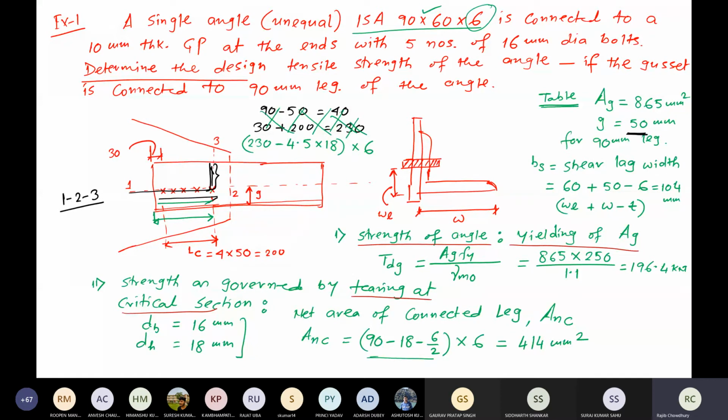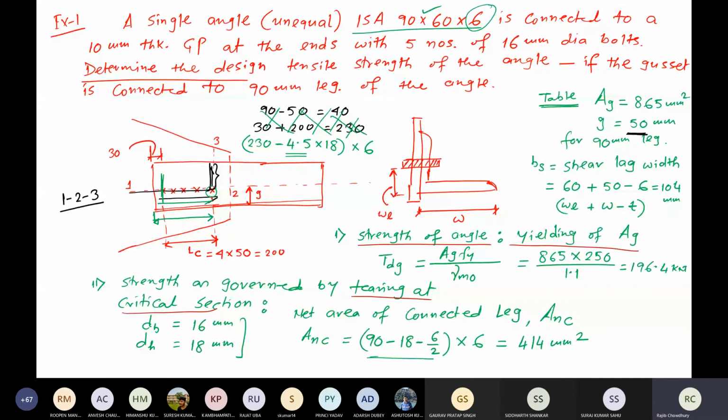We are subtracting the area of the individual bolt. How many bolts are there? 1, 2, 3, 4, 5. But I have written 4.5. Any idea what I have written over there? 4.5 means we are considering from the centroid of the last bolt.